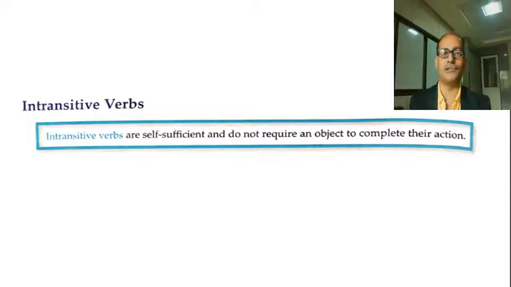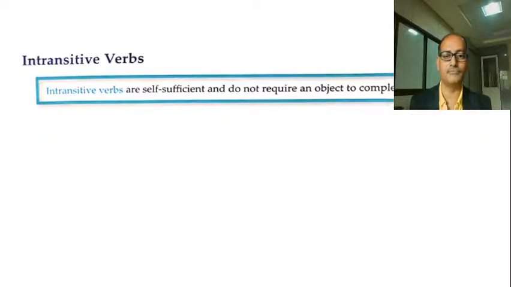For example, the lion roars, or I talk, or I speak. This much sentence is there. No object is there, but some sense is there. So the verb is an intransitive verb. I hope you are getting it.